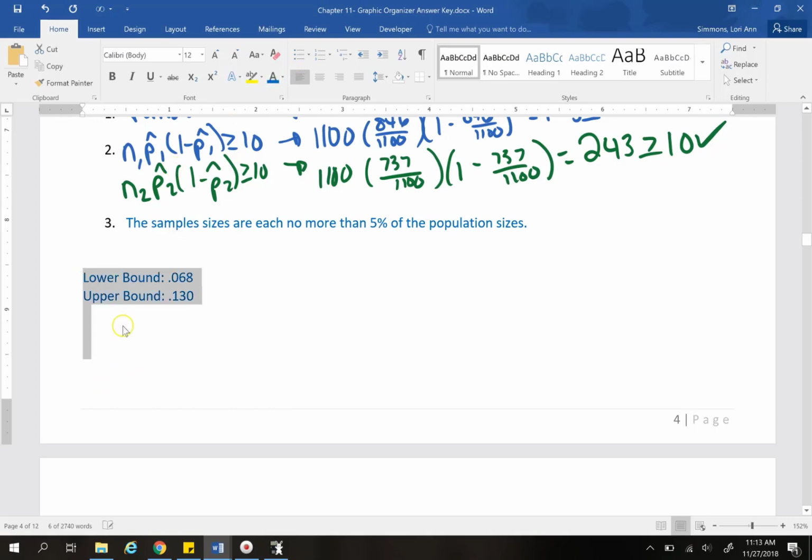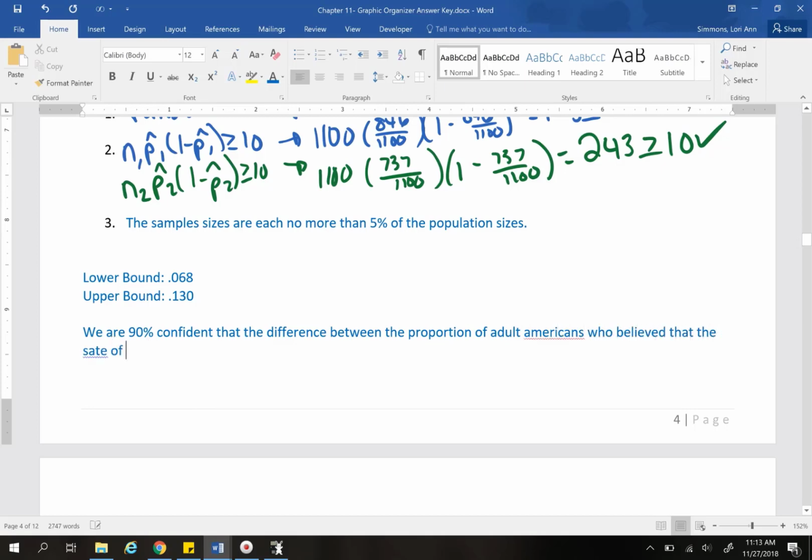And then let's interpret this. We are 90% confident that the difference between the proportion of adult Americans who believed that the state of moral values in the country as a whole was getting worse from 2002 to 2017 is between 0.068 and 0.130.